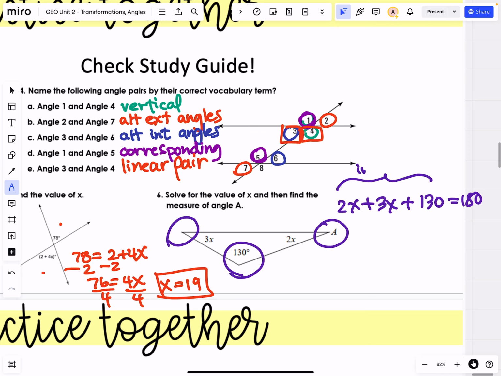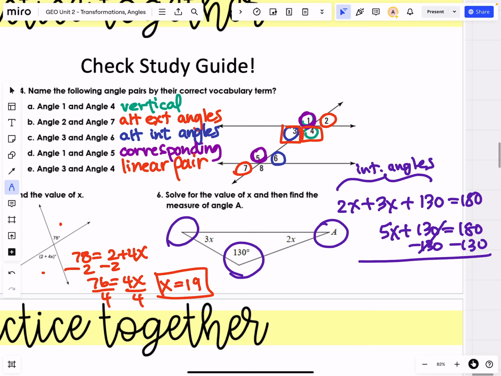So these are the interior angles. And then we would solve for x. We would have 5x plus 130 when we add our like terms. We would subtract 130 from both sides of the equation, and we would get 5x is equal to 50, which means x is equal to 10.